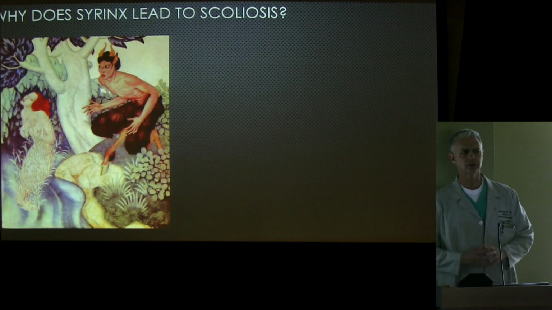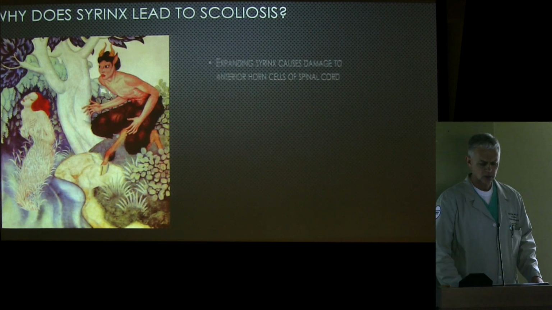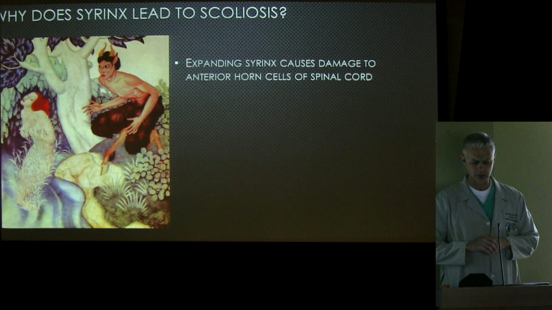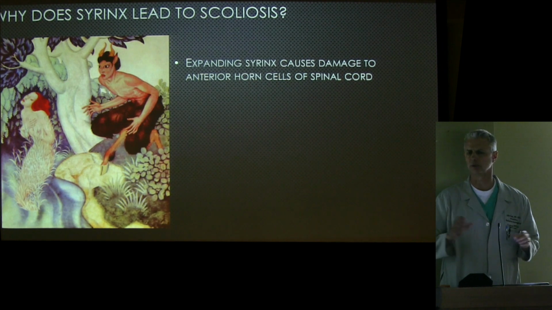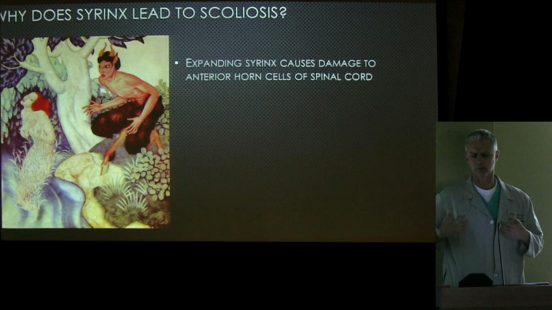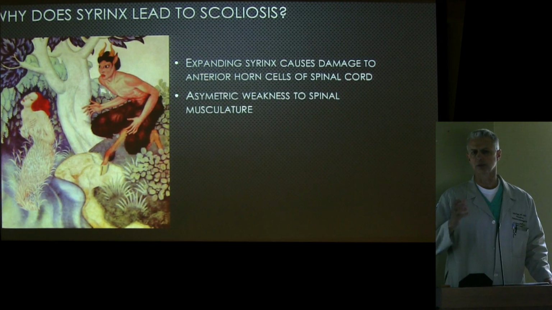So why does a Syrinx lead to scoliosis? This is a thought: the expanding syrinx causes damage to the anterior horn cells of the spinal cord. Those are some of the motor fibers that affect the paraspinal musculature. And you get an asymmetric weakness of some of the muscles.